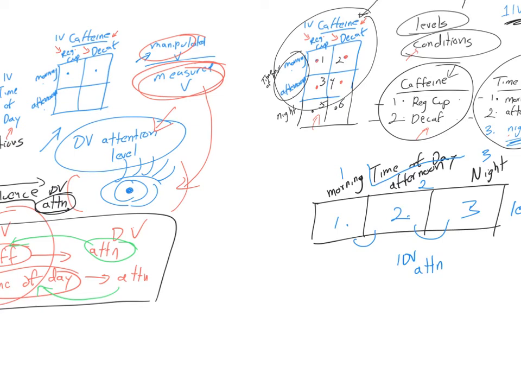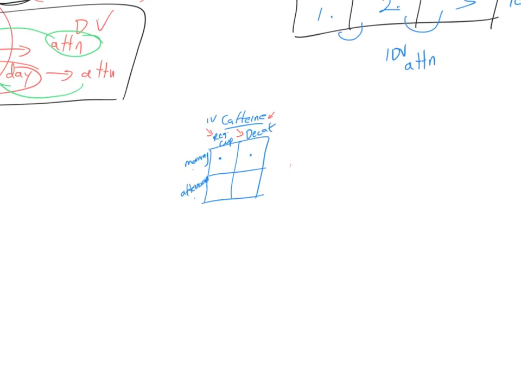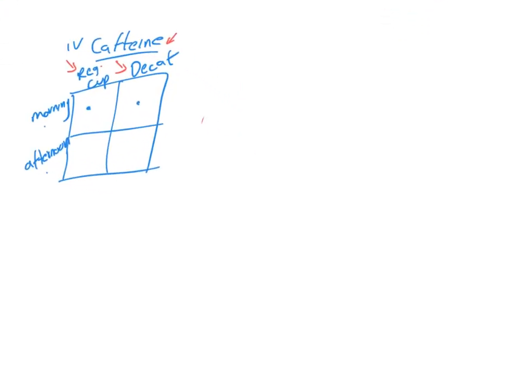Here we go. Again, I'm gonna bring this down here. Okay, so here we're not gonna care too much about this breakdown. Here it's more conceptual. So let's say you were interested in this study, how does caffeine and time of day influence attention?